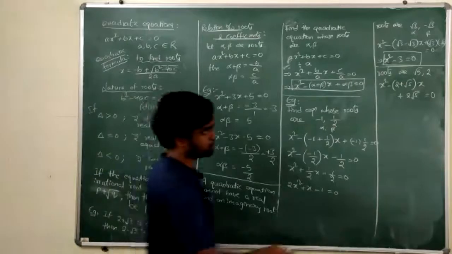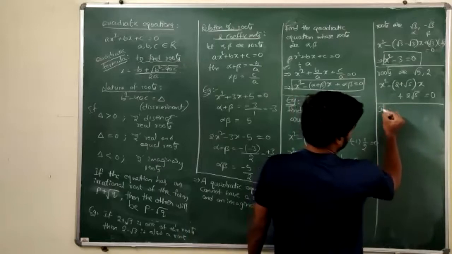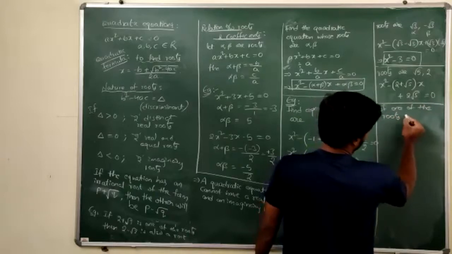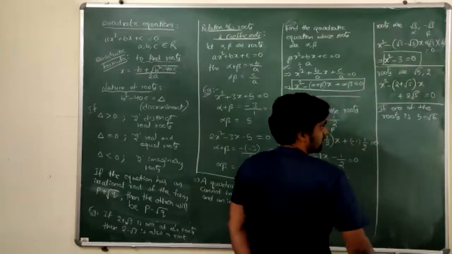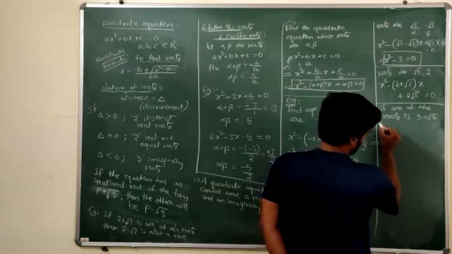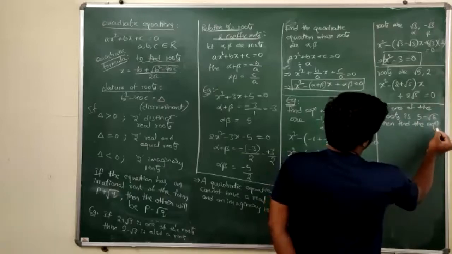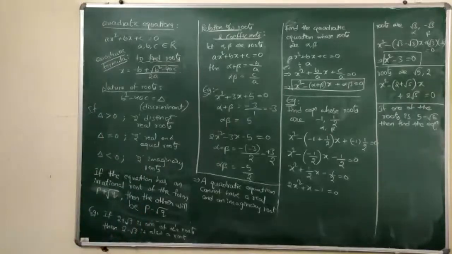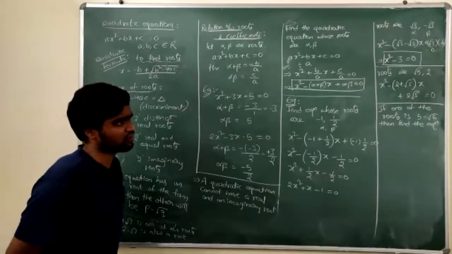So my next question to you is, if one of the roots is 5 minus root 6, then find the quadratic equation.